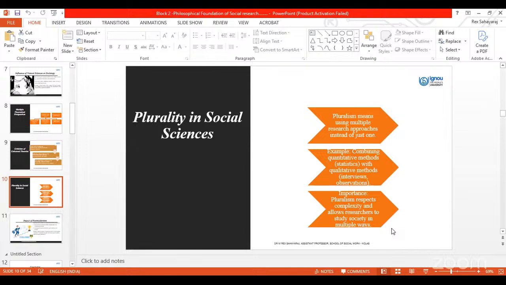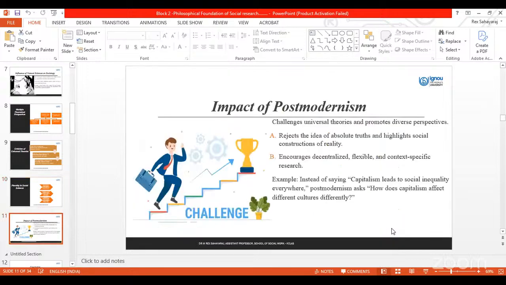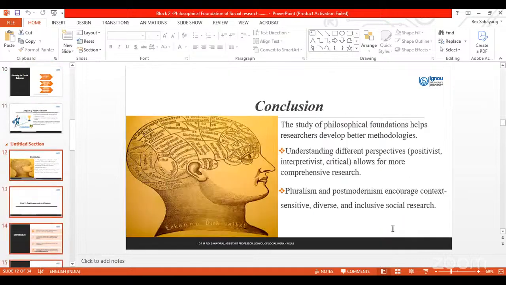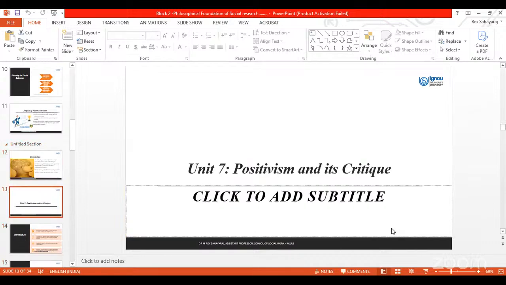Pluralism also talks about complexity and allows researchers to study society in multiple ways. We have discussed these, and the impact of postmodernism, and we learned the entire aspect of the philosophical foundation in social science research.